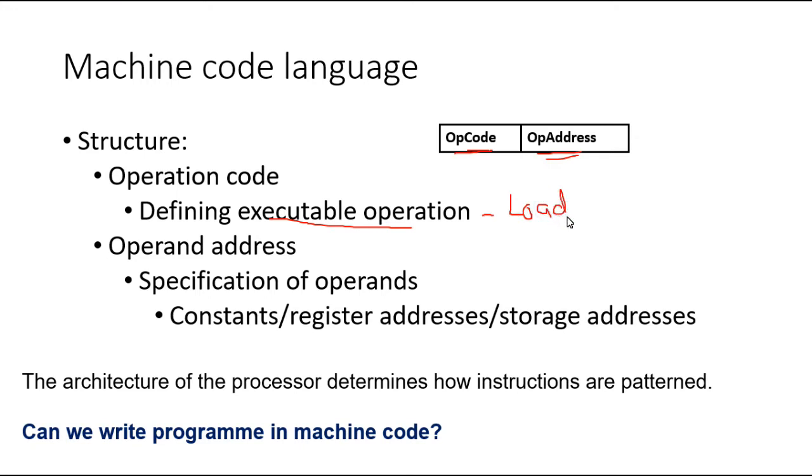There are various instructions. All these things are meant by the opcode. And we have the operand address. Operand address basically refers to a constant value or a memory address in the form of a register or a storage location. Then the architecture of the processor determines how the instructions are patterned.